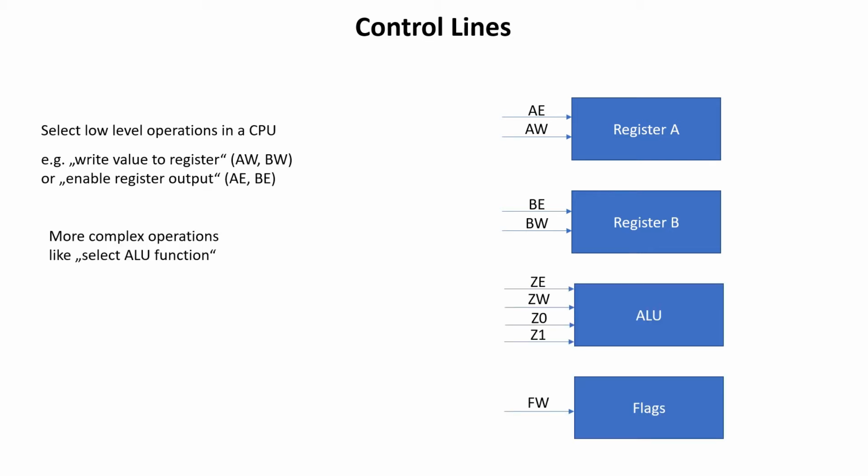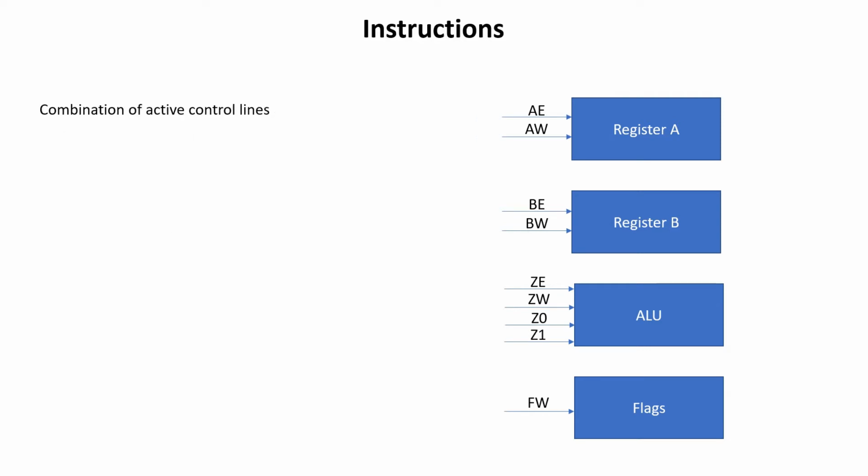Such operations may be more complex, like an ALU function, where a combination of control lines decides whether an ALU is adding or subtracting. Instructions are a combination of active control lines.